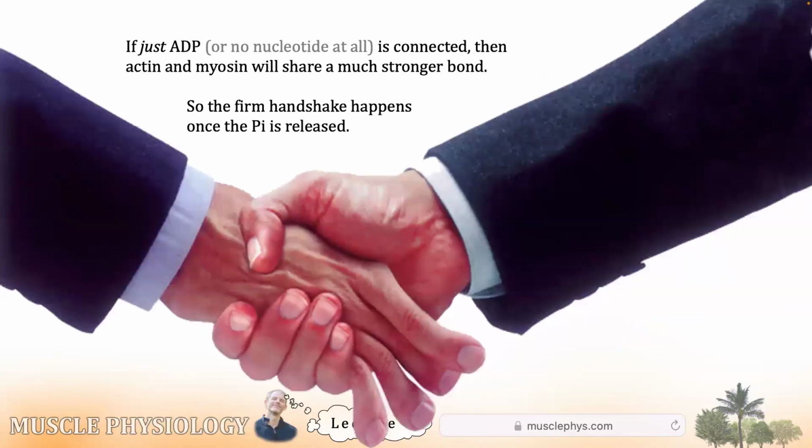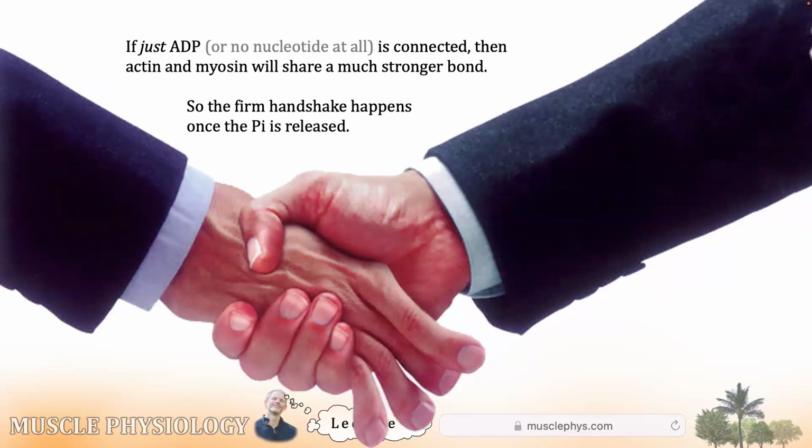You will have a weak cross bridge. And to do cross-bridge cycling, to slide those filaments in sliding filament theory, you need to transition to a strong bond. The bond between actin and myosin needs to be like a real estate agent's handshake, or like a father meeting his daughter's boyfriend for the first time handshake.